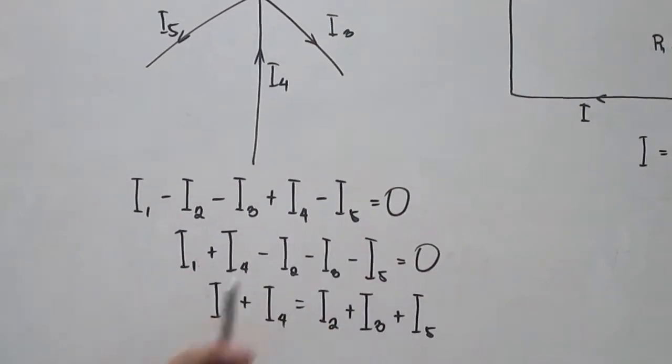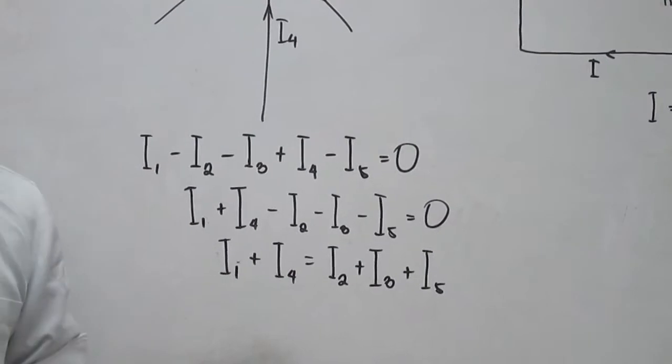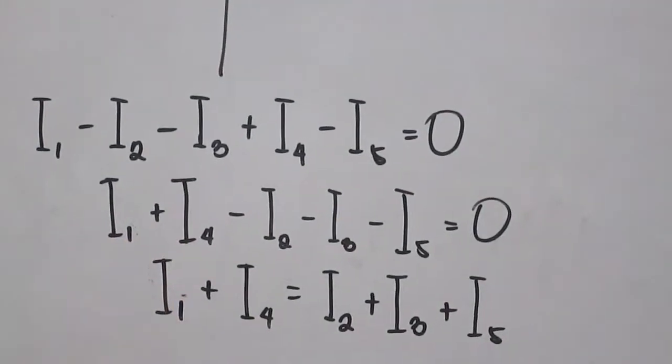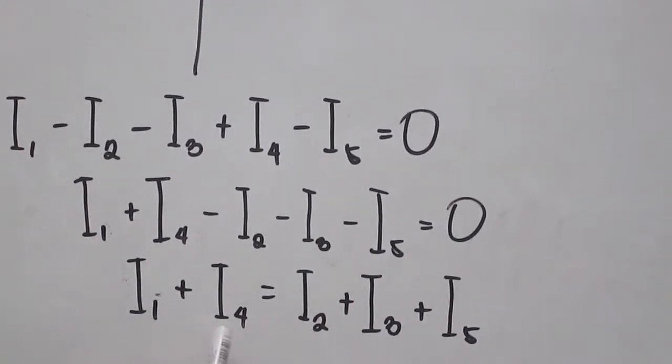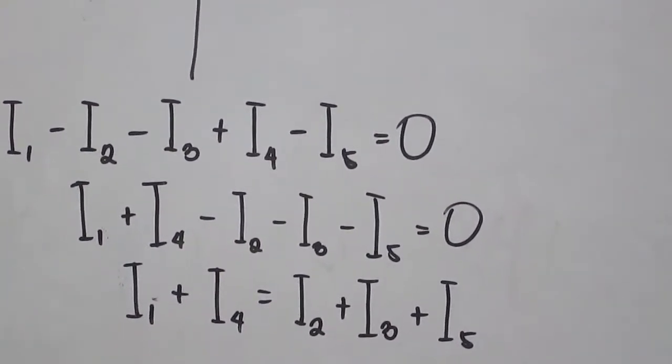As stated by Kirchhoff's current law, this summation of current must be equated to zero. Solving it algebraically, we can prove that the incoming currents I1 plus I4 is equal to the outgoing currents I2 plus I3 plus I5.